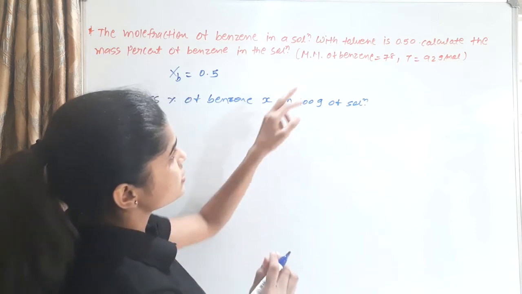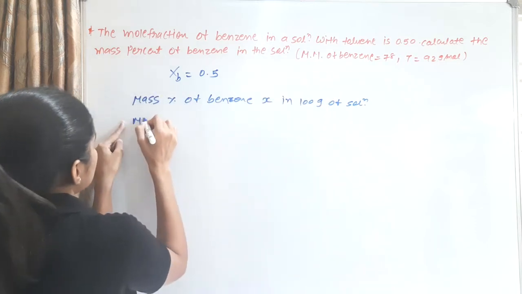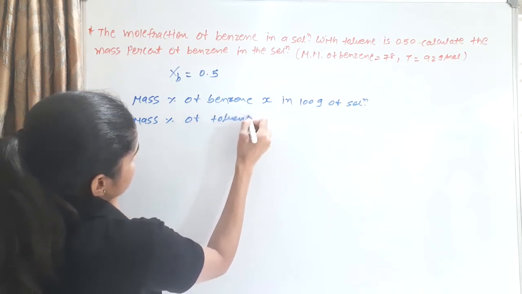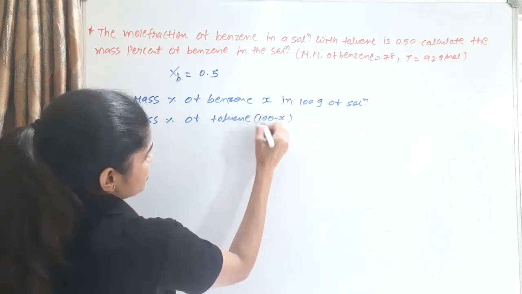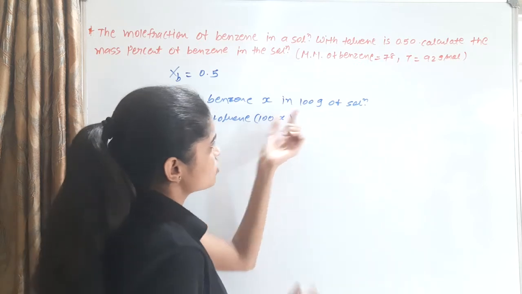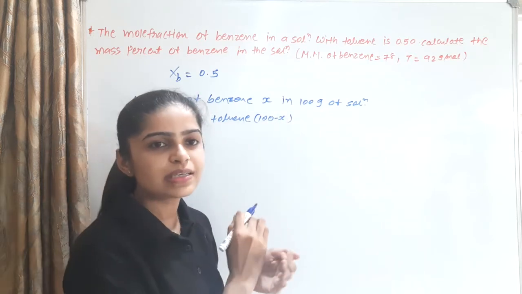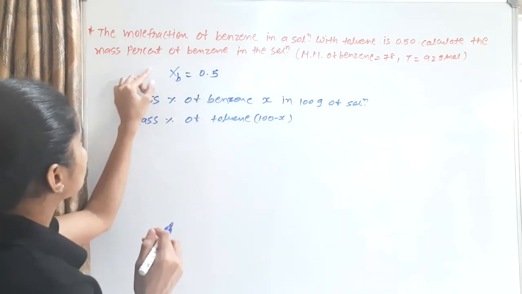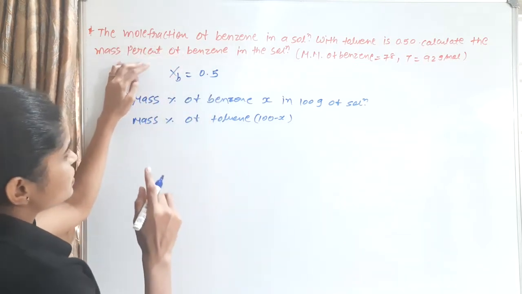So we calculate the toluene. Mass percentage of toluene is equal to 100 minus X. Total 100 in the 100 gram: X percentage benzene and 100 minus X percentage toluene. Then find out the mass percentage of benzene.